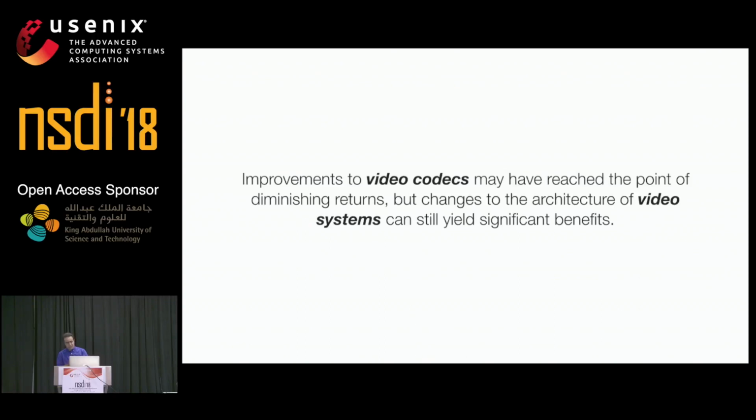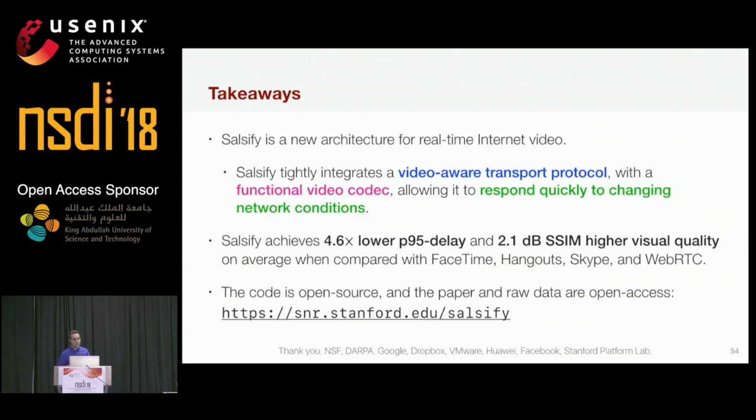And a more important point, it seems that at least in this context, the improvements to video codecs have reached the point of diminishing returns. But if we decide to change the architecture of these video systems, they still can yield significant benefits, like we saw today.